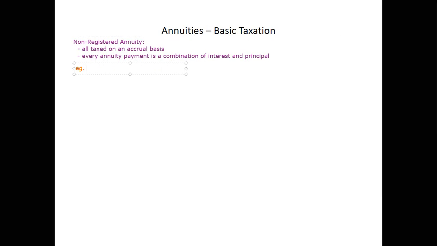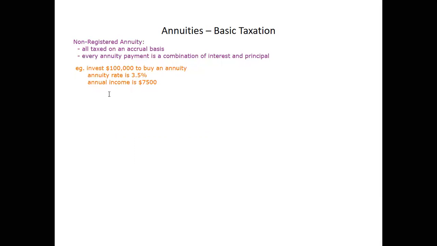So for example, you invest $100,000 to buy an annuity. There's an annuity rate, which is something that the insurer never tells you. You typically have to figure this out. The annuity rate is, let's say, 3.5%, but the annual income on this $100,000 is, let's say, $7,500.